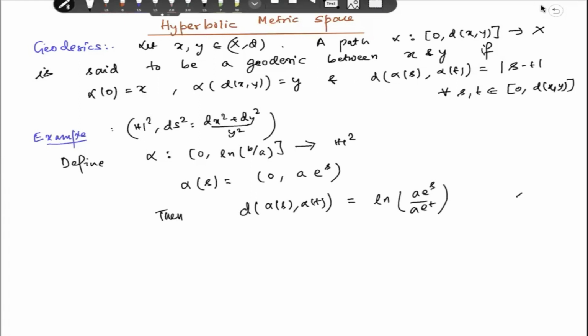Here I am taking s to be greater than t. So this will be equal to s minus t. So as per this definition, alpha is a geodesic.